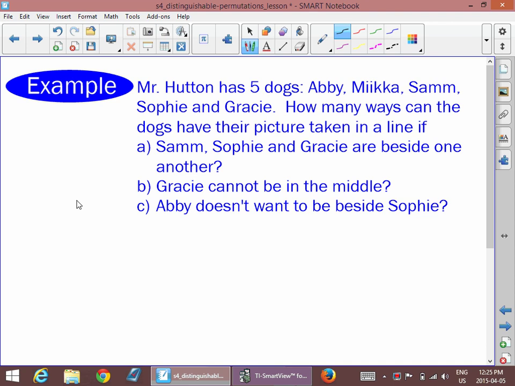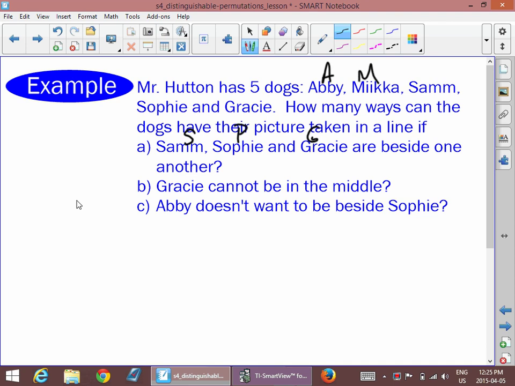You have a bunch of things in a line, and things want to be beside one another. Here's how we have to treat it, okay? We have to look at this as what it is. We're going to call Sam S, Sophie P, Gracie G, Abby A, and Mika M.